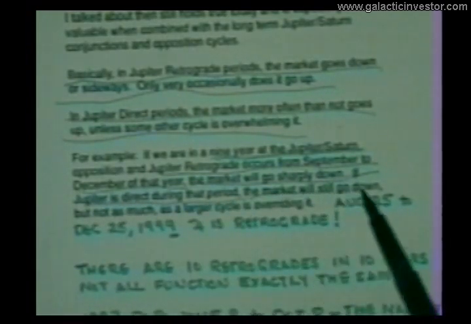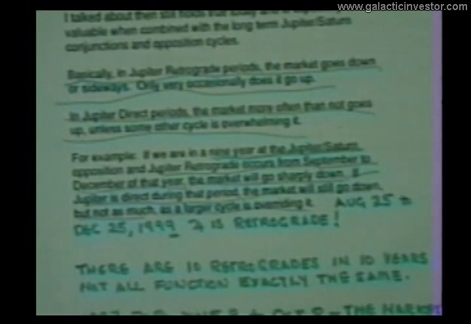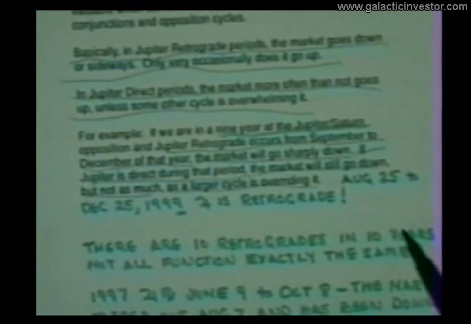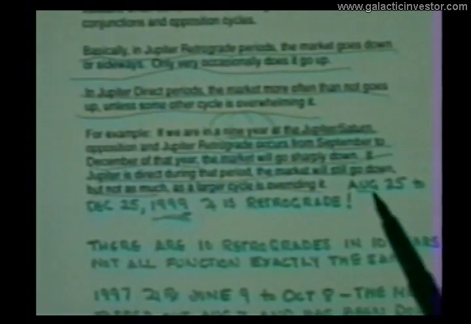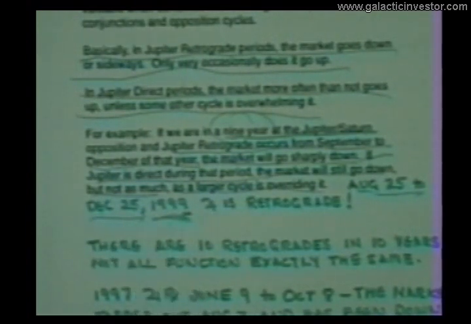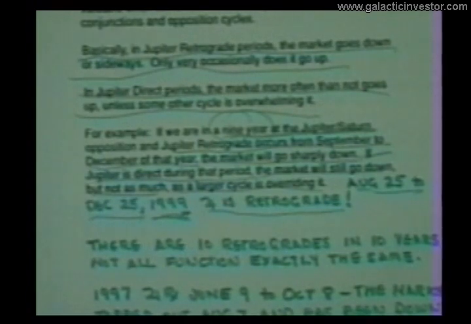If Jupiter is direct during that period, the market will still go down, but not as much, as the larger cycle could be overriding this Jupiter effect. So the next 9-year we have, of course, is 1999. And from August 25 to December 25, 1999, Jupiter is retrograde. So that falls right in with what we're talking about. We've got the retrograde cycle falling in with the Jupiter-Saturn cycle.